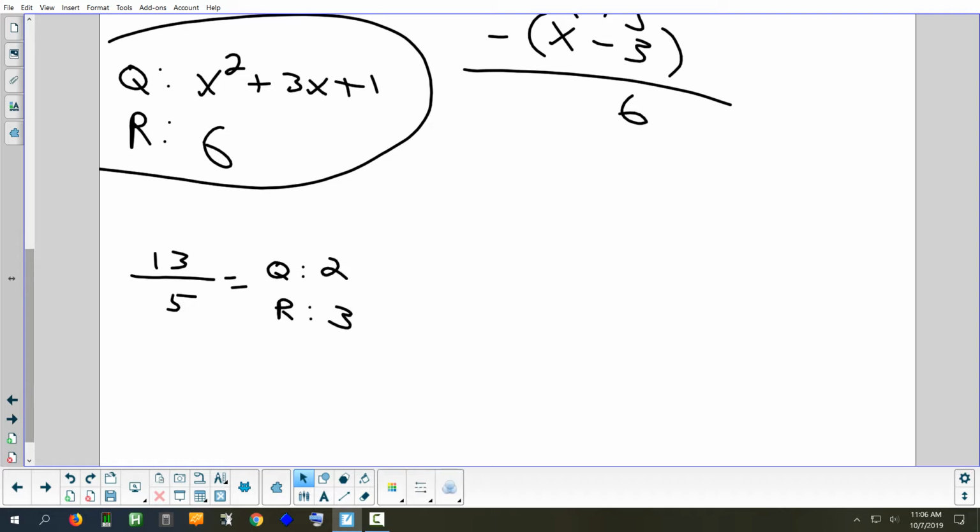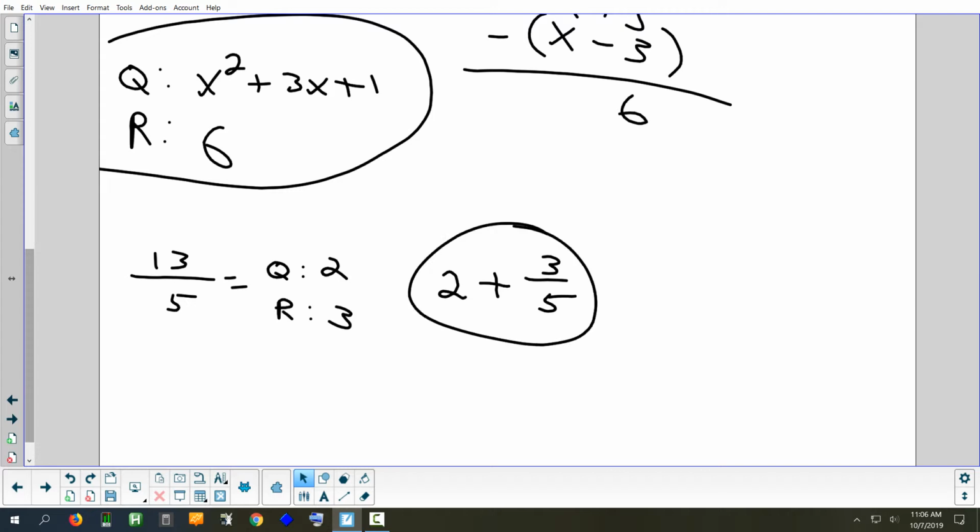So you can write your answer this way. 2 plus, remainder is 3 over your denominator. It's 2 plus 3/5, or we could say 2 and 3/5. Quotient plus remainder over what you divided by.